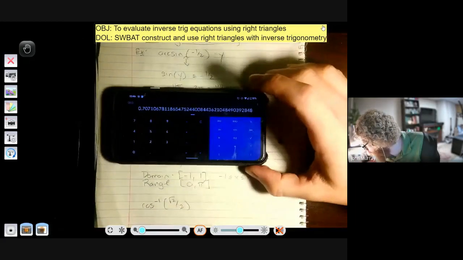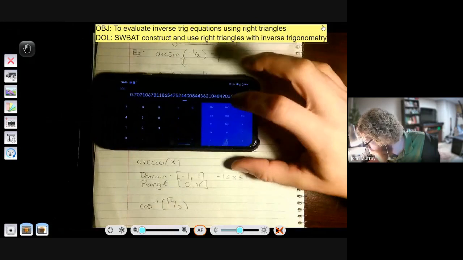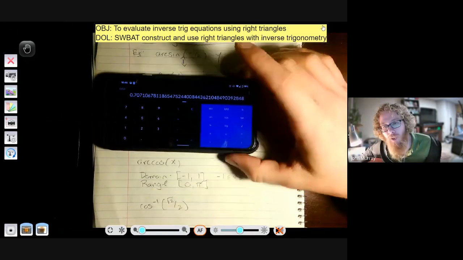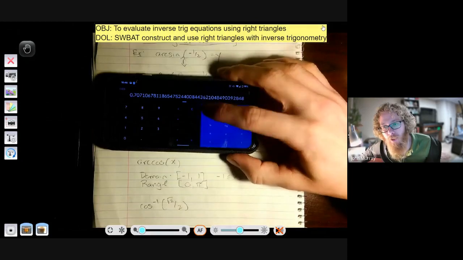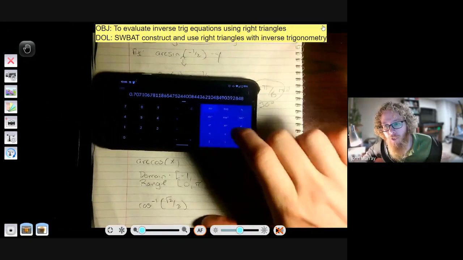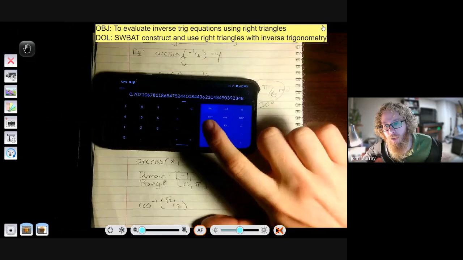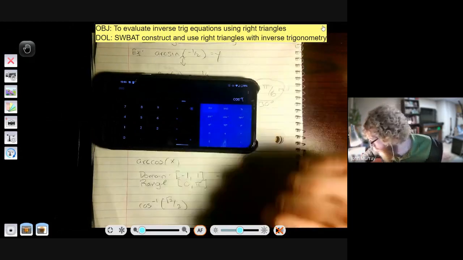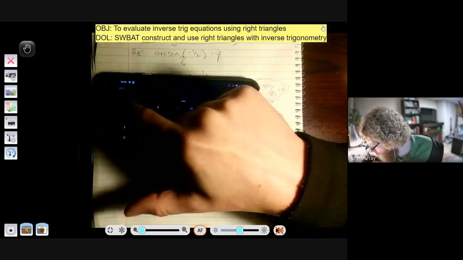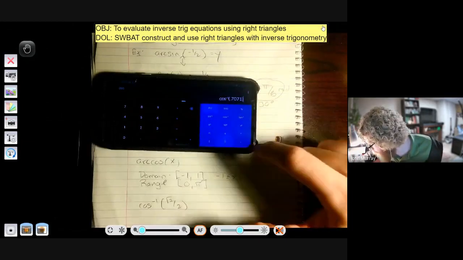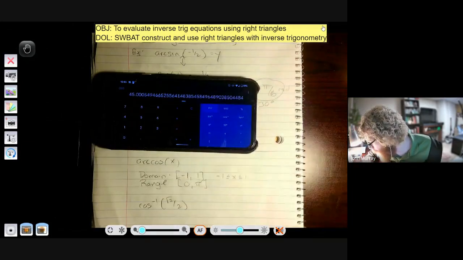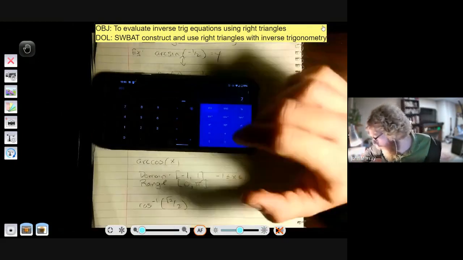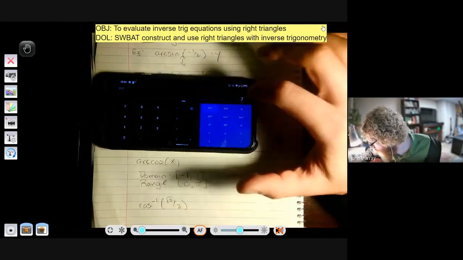So here, you can actually do the inverse. Sometimes there's a second button in the blue area, or here you see inverse. It shows you all the inverse functions there. So you do cosine, and then I would punch in 0.7071. And this is in degrees.